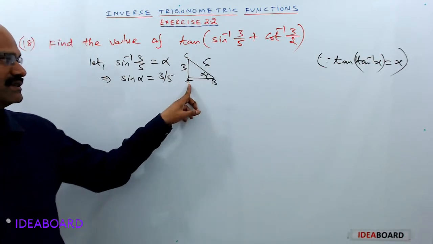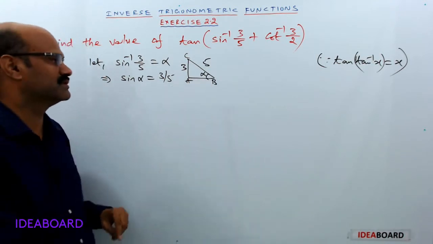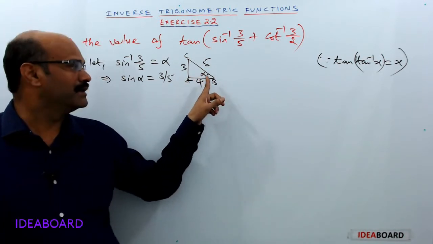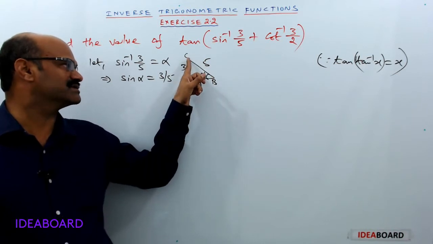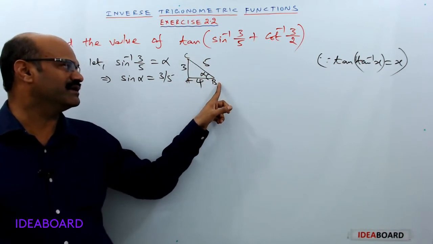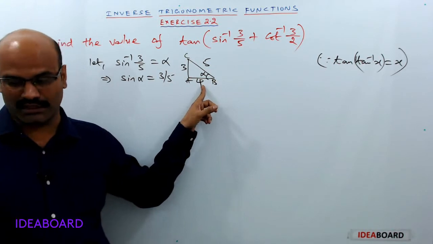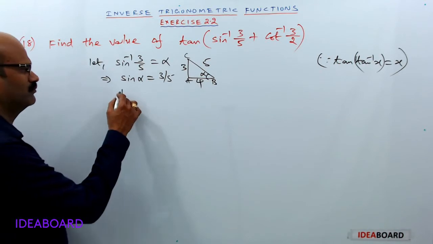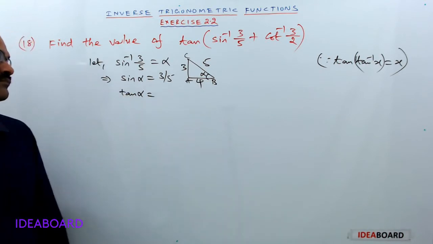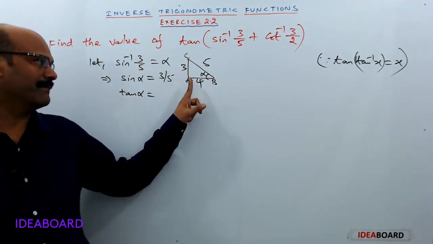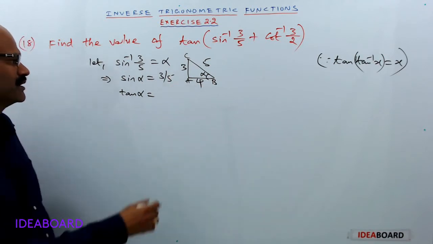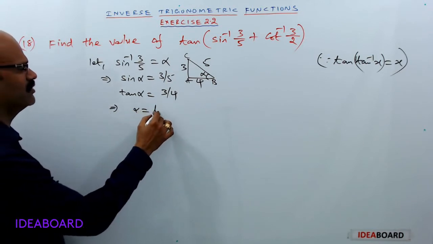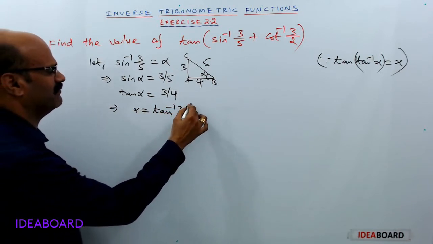Then clearly the length of AB equal to 4. Since it is a right angle triangle, by using Pythagoras theorem, BC square equal to AB square plus AC square, we get AB equal to 4. Now from this, tan alpha equal to opposite side by base. So 3 by 4. It implies alpha equal to tan inverse of 3 by 4.